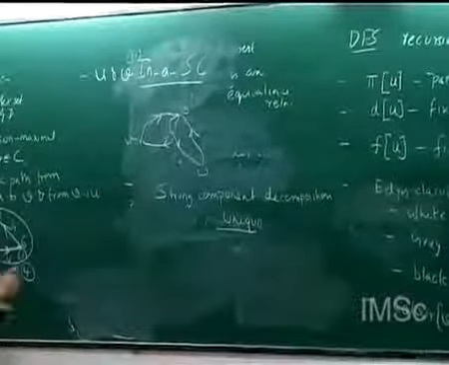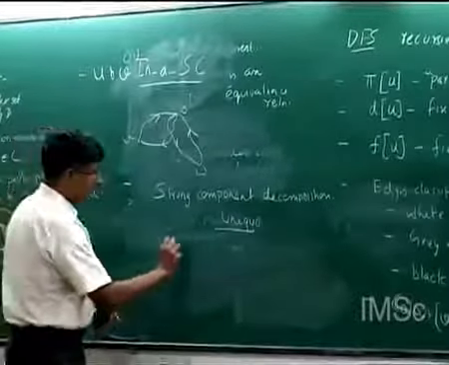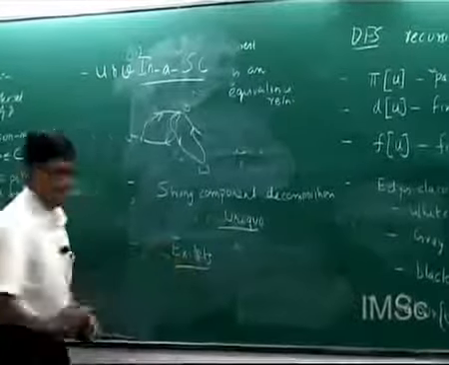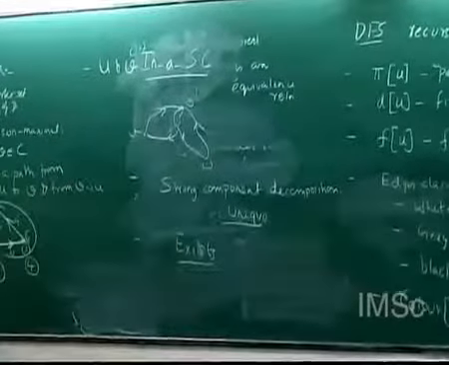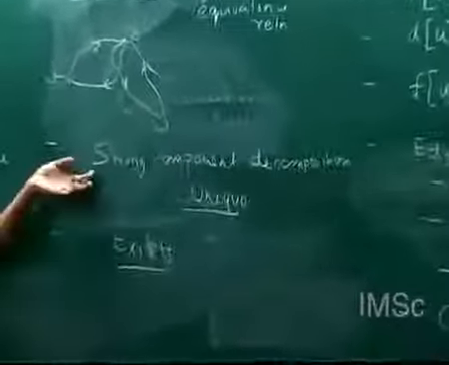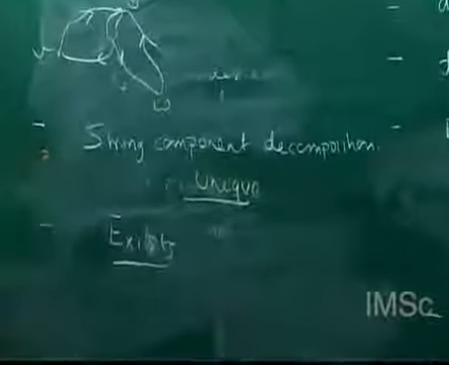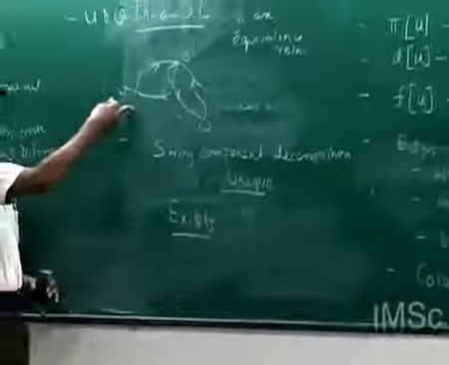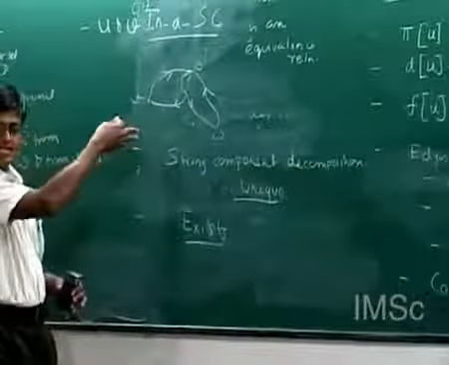And definitely, by definition, it indeed exists. This is another very important thing. Strong component decomposition does exist, and it's also a unique decomposition. Fine. Okay, the trivial thing is to discover one equivalence class, right?